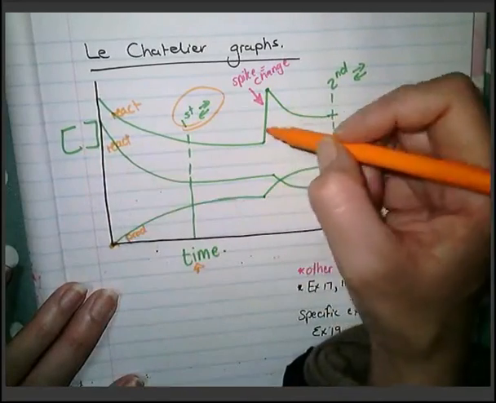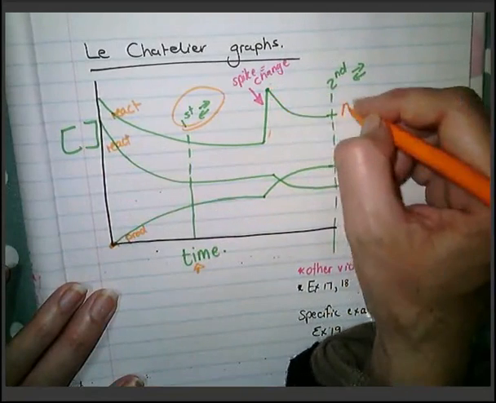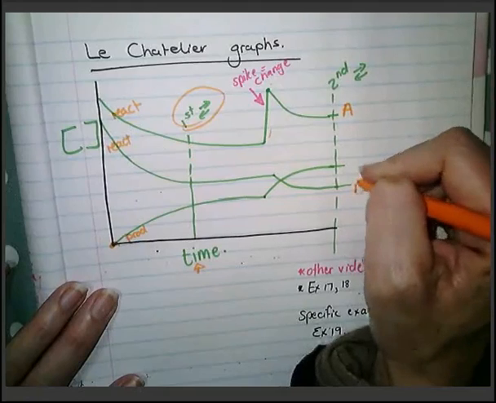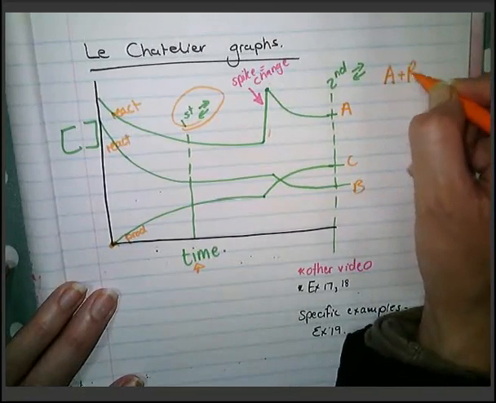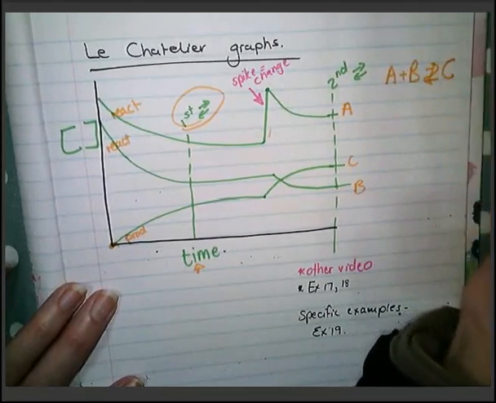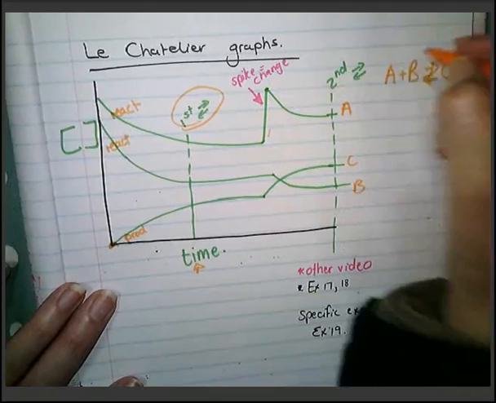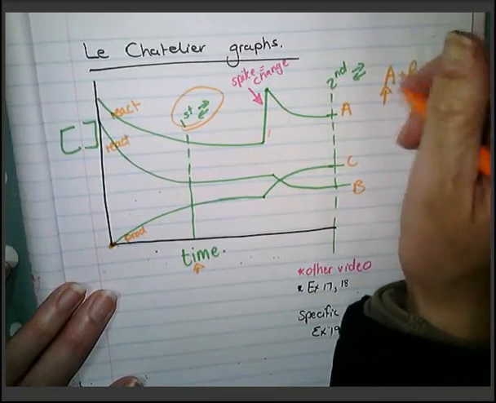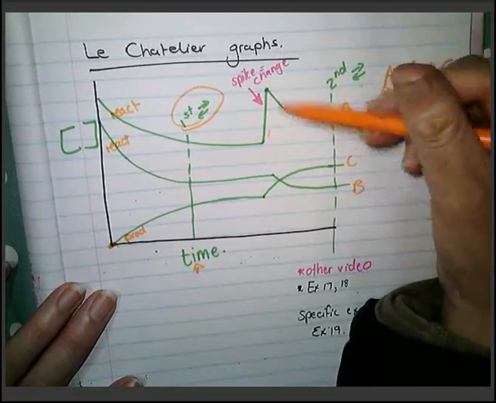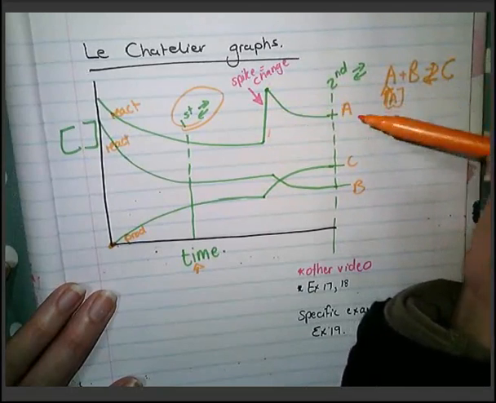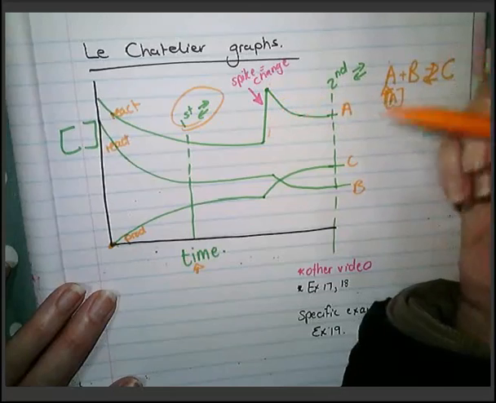So we can see that there was a sudden increase in, let's call that A, this one B and that one C. So if we write a reaction of that, we can see that A plus B forms C. This means there was a sudden increase in the concentration of A. That's the change. Now the system reacts to that change by decreasing A. How will it decrease A?